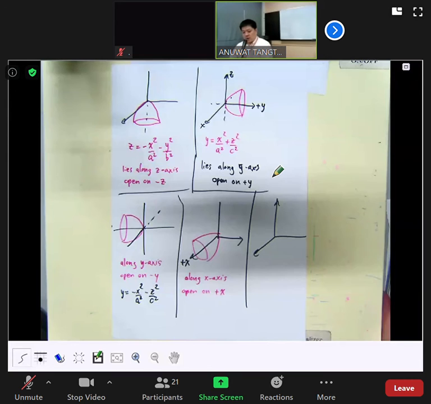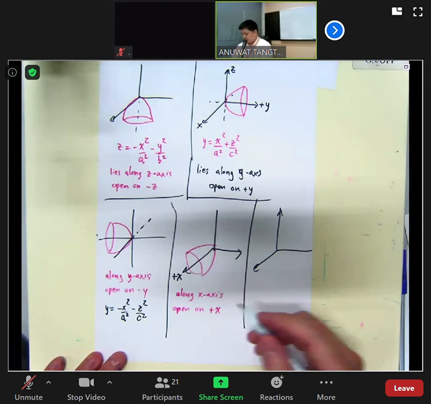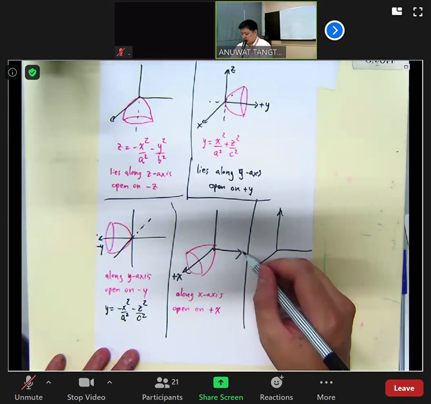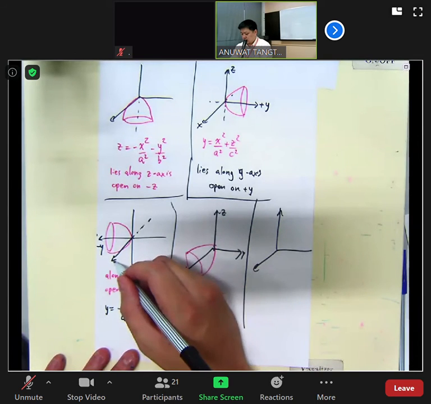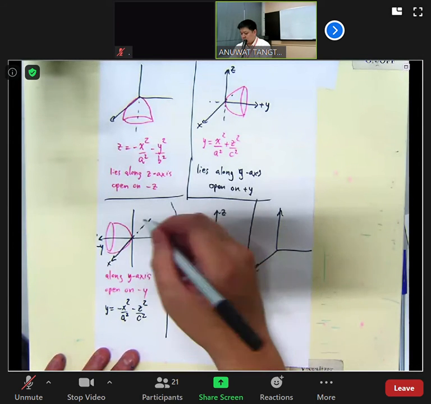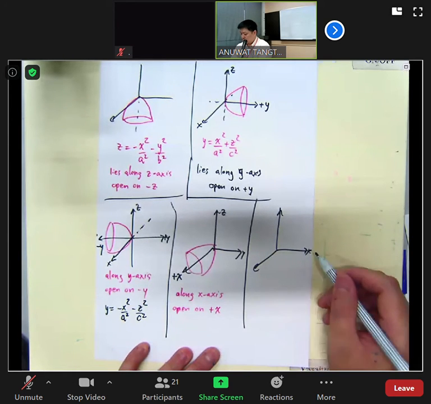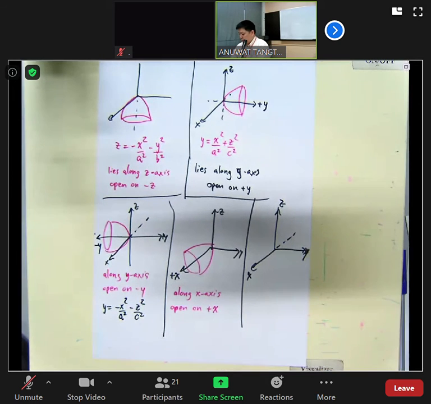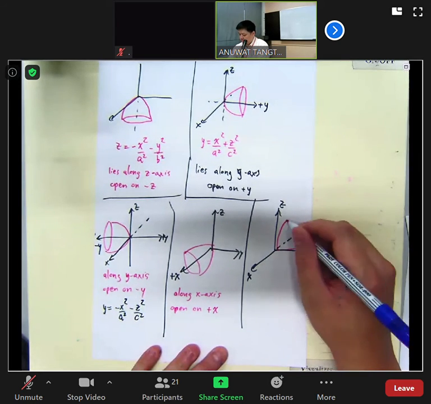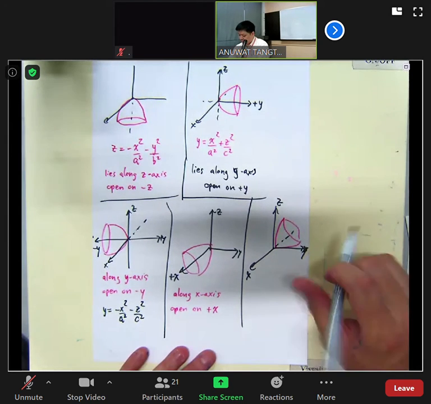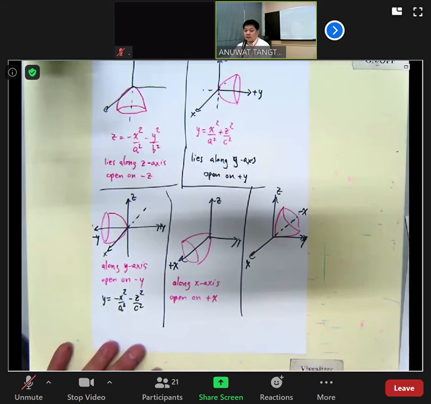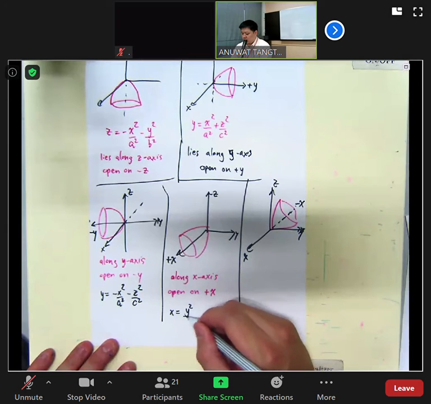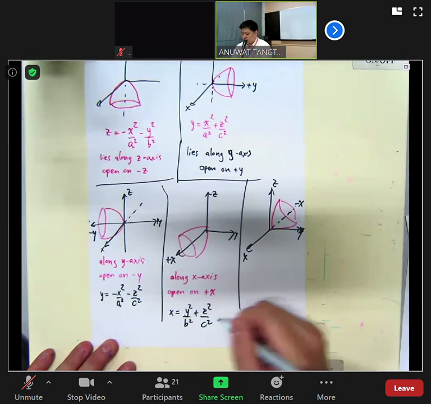Its equation should be x equal to y squared over b squared plus z squared over c squared.